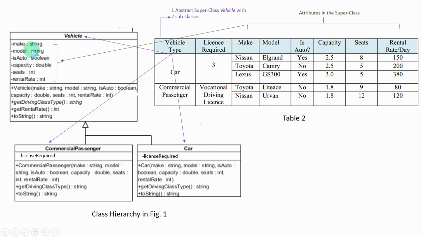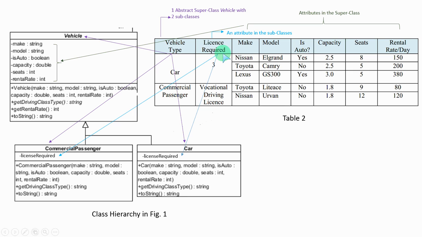So we can put it in the superclass. When it is inherited by the subclass, it is also available. So that's the second correspondence between the table and the class diagram.